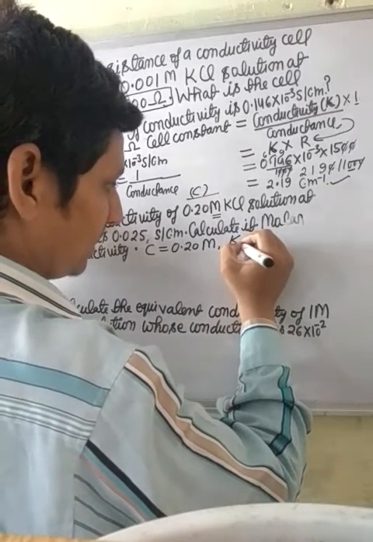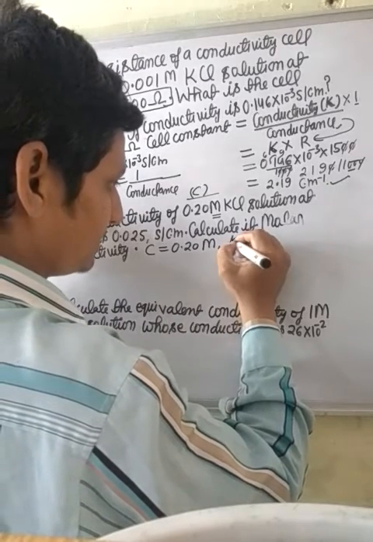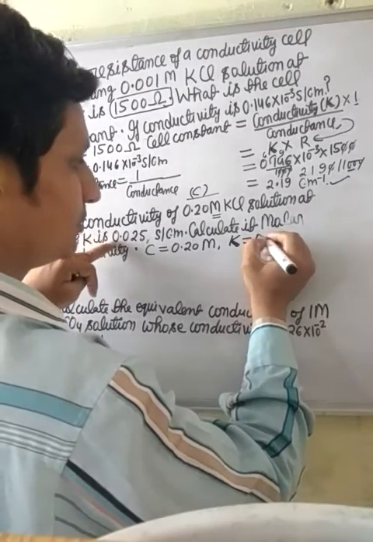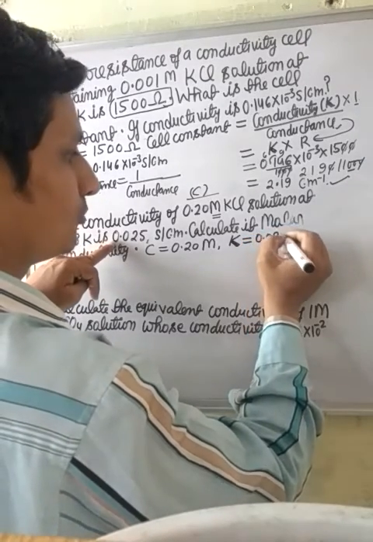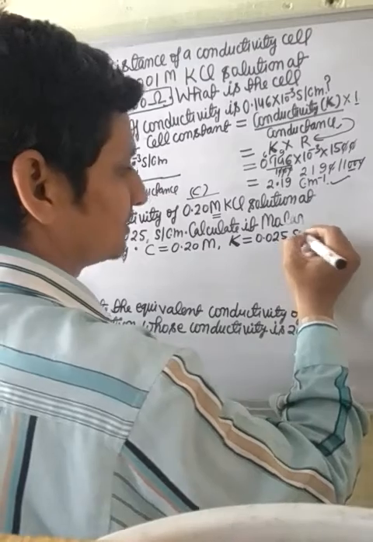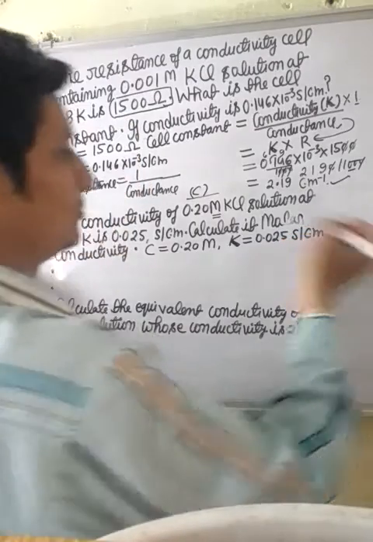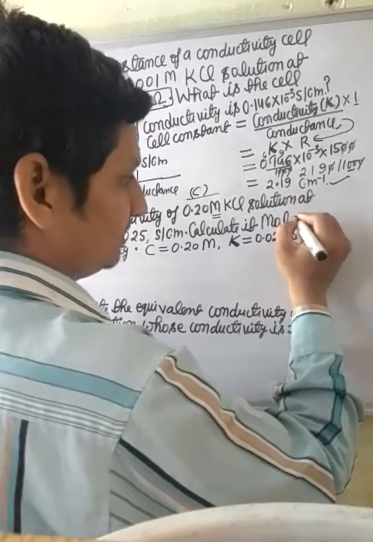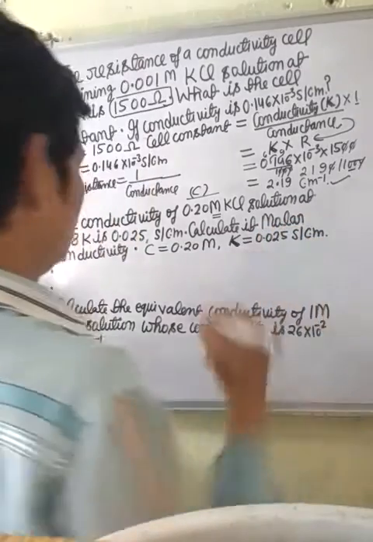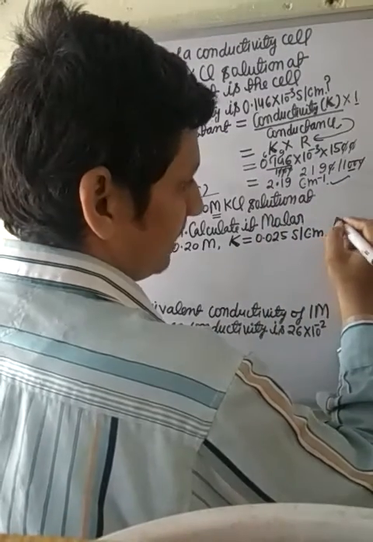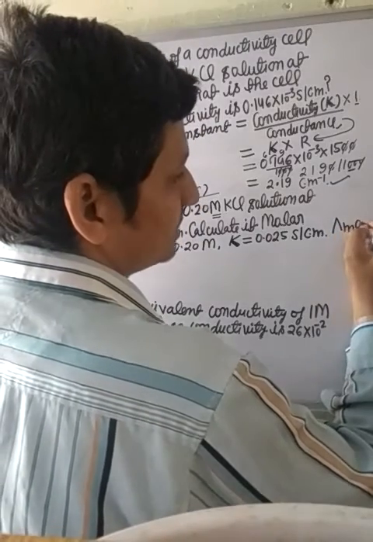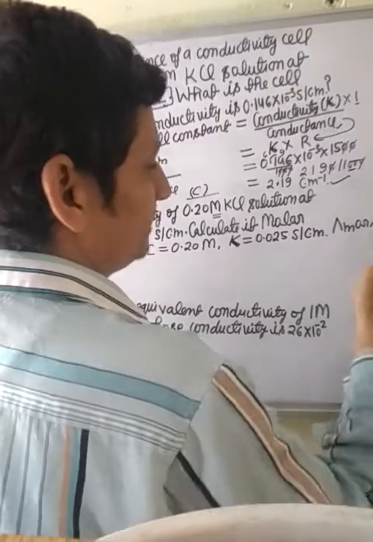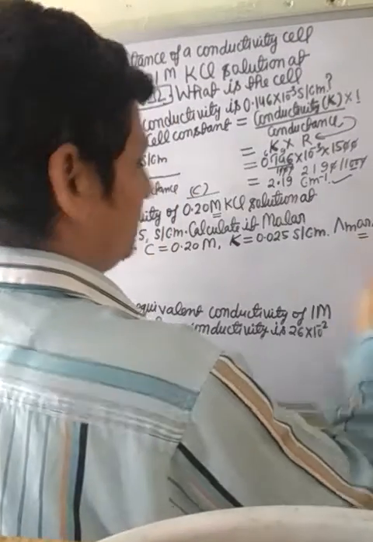Conductivity is denoted by kappa, and kappa is given as 0.025 Siemens per centimeter. Okay students, in this question we have to calculate its molar conductivity. We have to find out molar conductivity lambda m, which is equal to question mark.